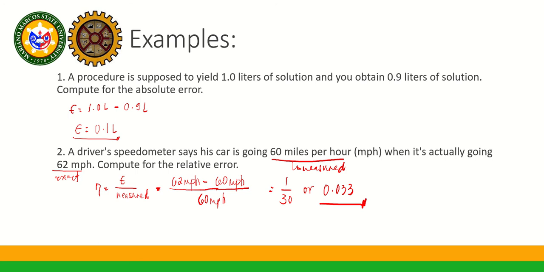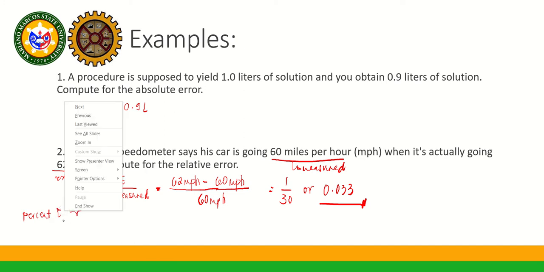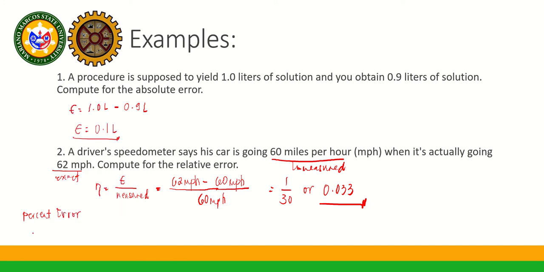I'll add the percentage error. So percent error, ayan, symbol niya is ganito. The formula for percent error is equal to the relative error times 100%.